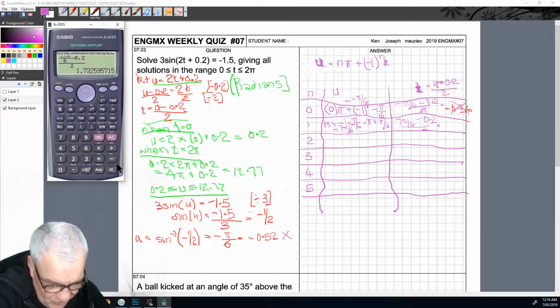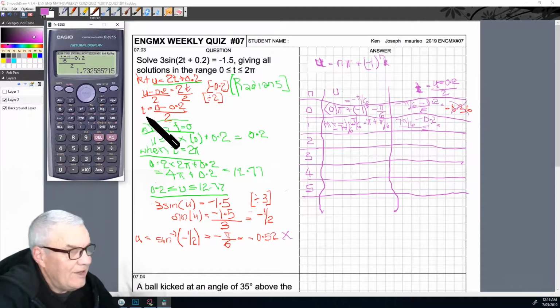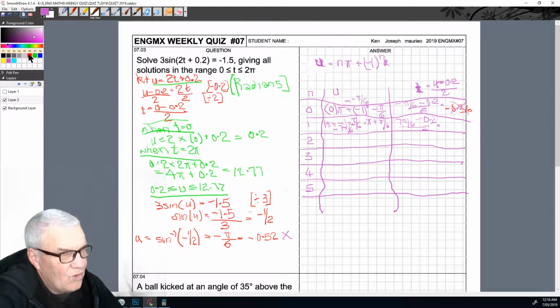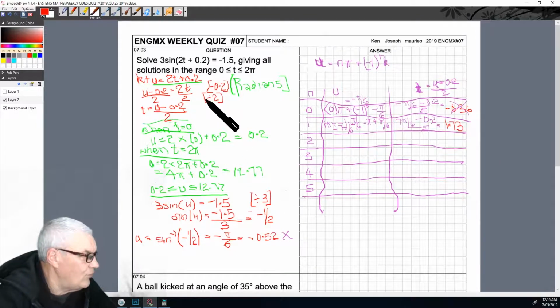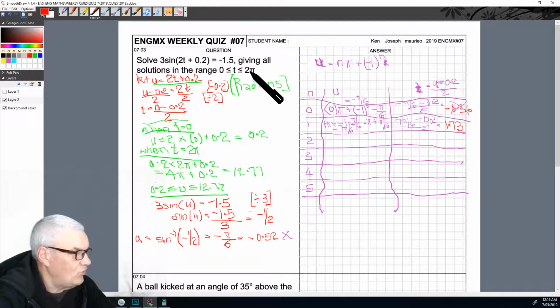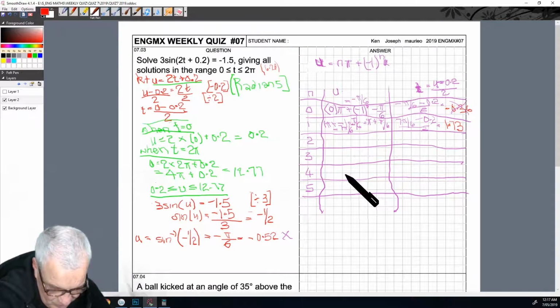Equals 1.73, and that's a good one. Because that's in the range for t, and the range for t is 0 to 2 pi. 2 pi here is around about 6.28. So that's in the range.